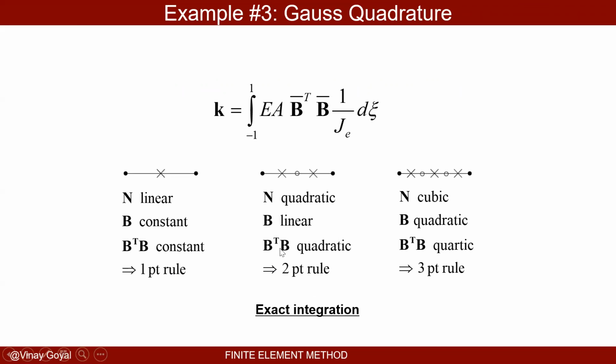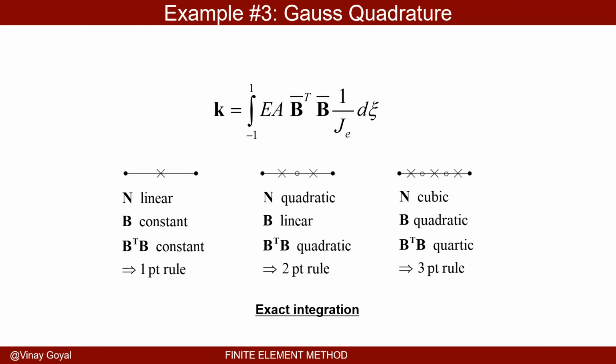So B bold transpose B bold is quadratic. So a 2-point rule should be exact at integrating this stuff. And a cubic M bold will give you a quadratic B bold, which makes this quartic, and that will require a 3-point rule to get exact integration. So that's just showing you what order integration you need to really get the exact solution.